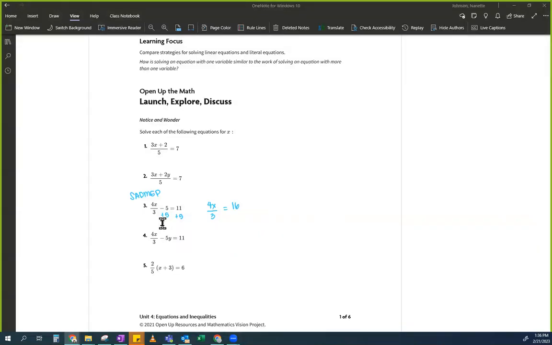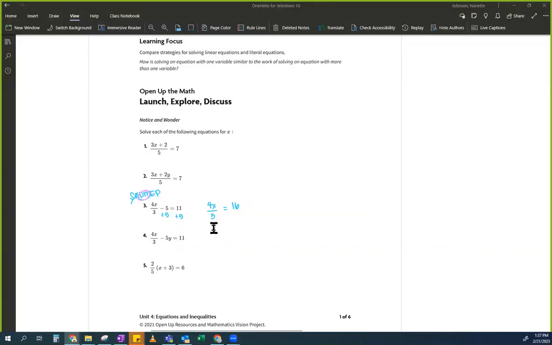I did subtraction and addition, and I'm going to ask, is there division or multiplication here on the x side? Everyone's like, yes, I see both, and you can actually get rid of both at the same time. Some of you see this, and it depends on how you see it, what makes the most sense for your next step.